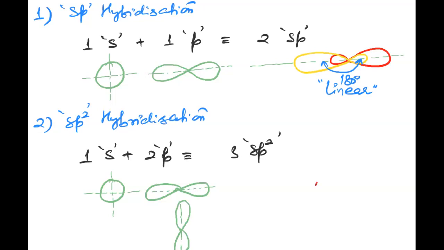According to VSEPR theory, the angle between all these three sp2 hybrid orbitals should be 120 degrees each for minimum repulsion. So this may be one of the hybrid orbitals here. Same, this may be another hybrid orbital, and this may be another hybrid orbital.